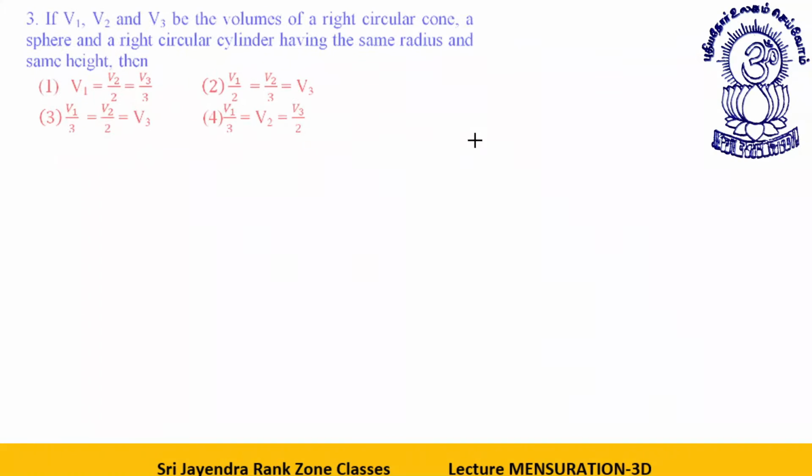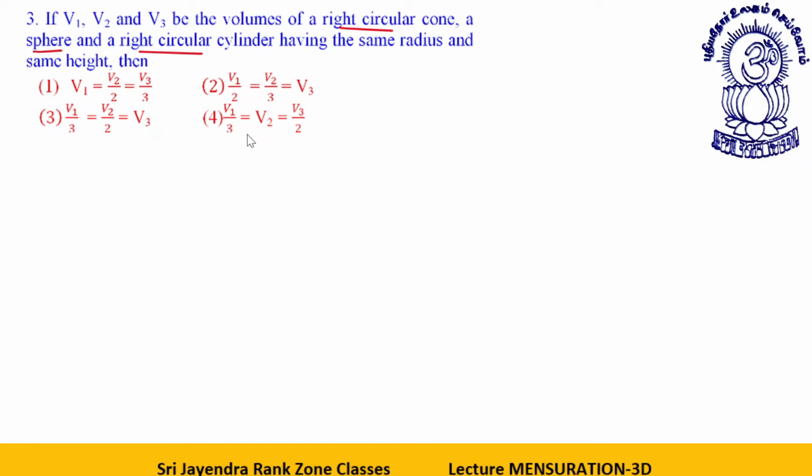If V1, V2, V3 are the volumes of a right circular cone, a sphere, and a right circular cylinder having the same radius and same height, then since this is a sphere, the matter is same with a hemisphere.